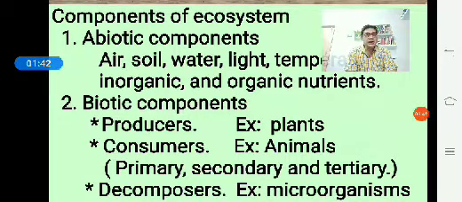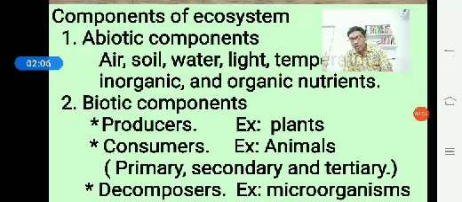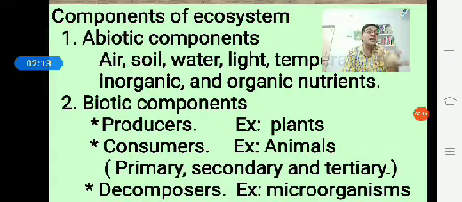Lastly, tertiary consumers. Primary consumers we call herbivorous animals. Secondary consumers and tertiary consumers we call carnivorous animals, because they eat the animals directly. Tertiary consumers are the group of animals which feed on the secondary consumers.